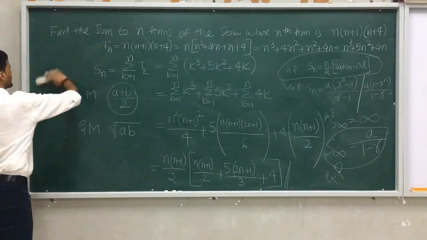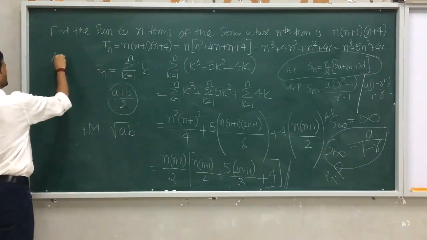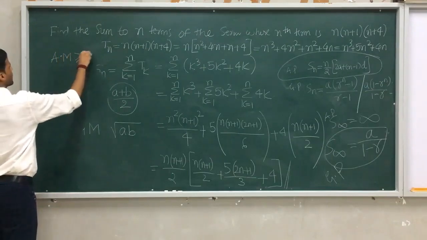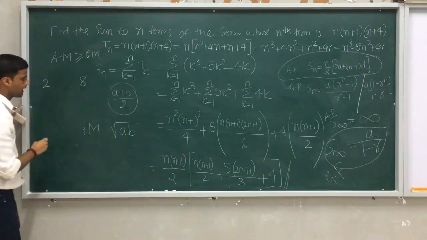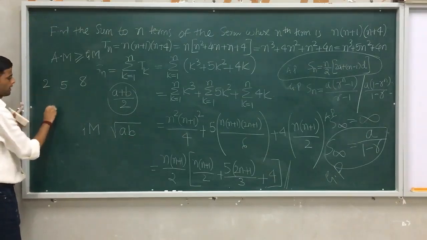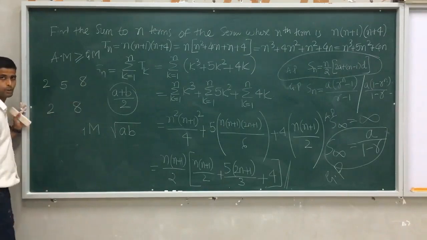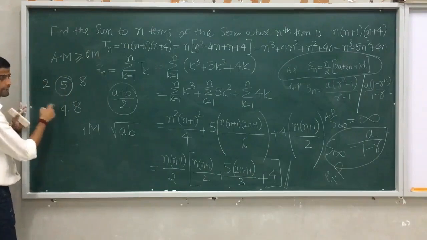And there is one more thing: arithmetic mean is always greater than or equal to geometric mean. Here the arithmetic mean is 5, and the geometric mean is root 16, which is 4. Here we can say that 5 is greater than 4.